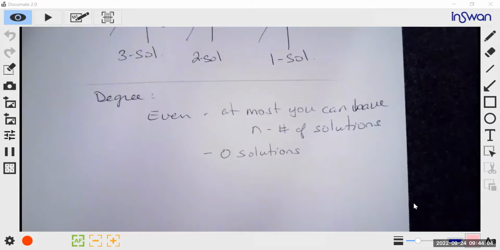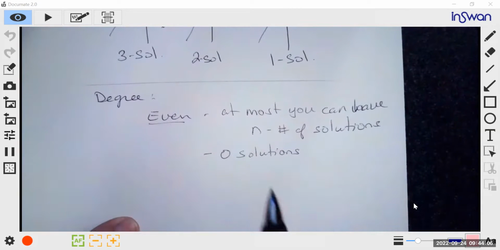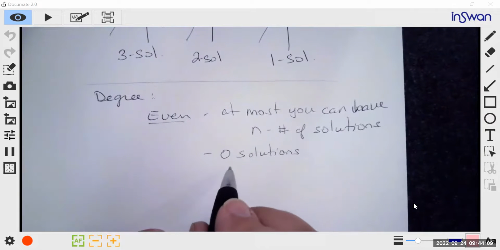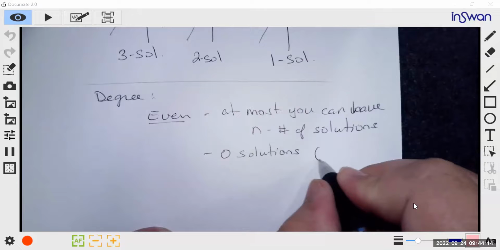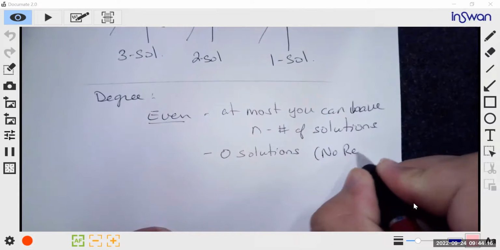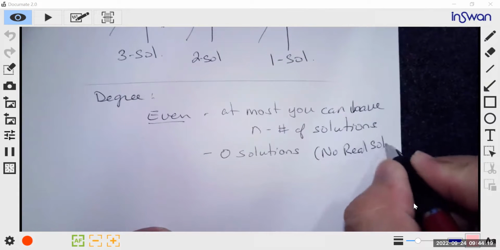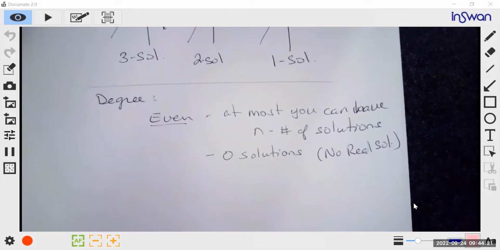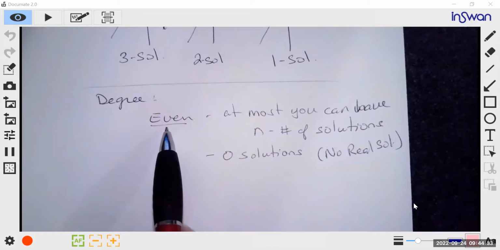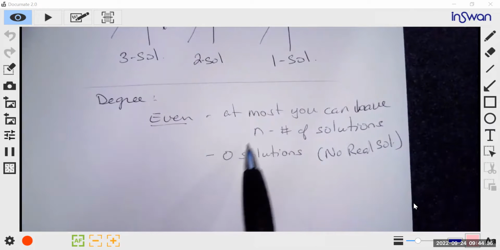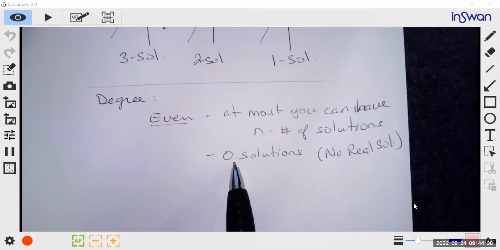Now, when I say zero solutions, it doesn't mean you won't get any answers. It means you'll have no real solutions. You will have answers, but they'll be imaginary. You're gonna have numbers that are really weird, which we'll get to next chapter. So if the degree is even, you can have at most n all the way down to zero solutions.